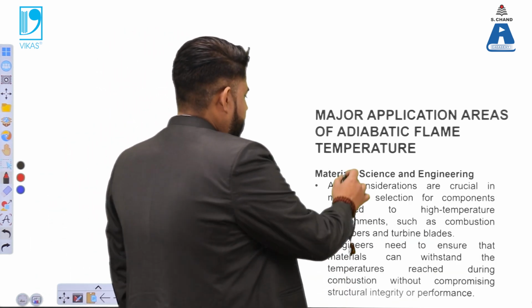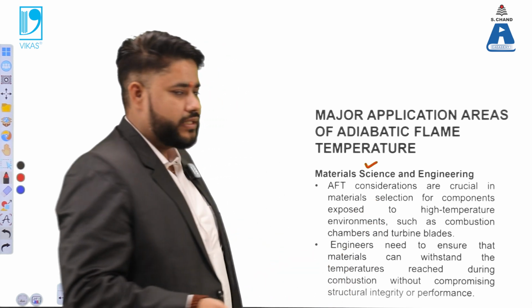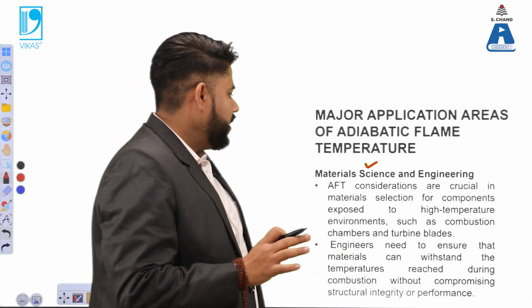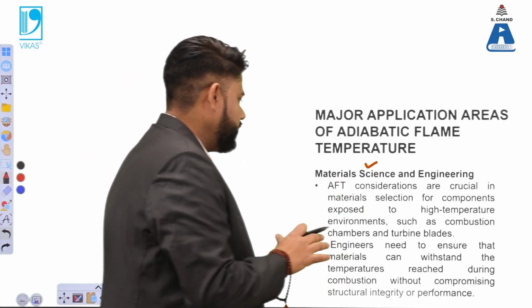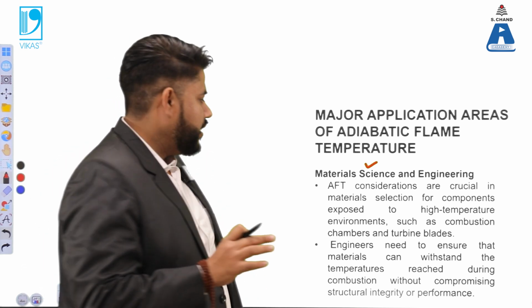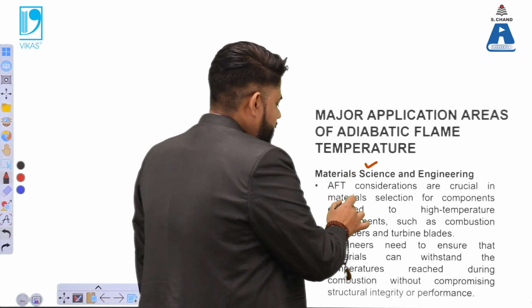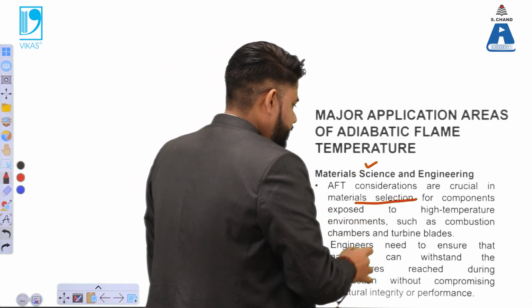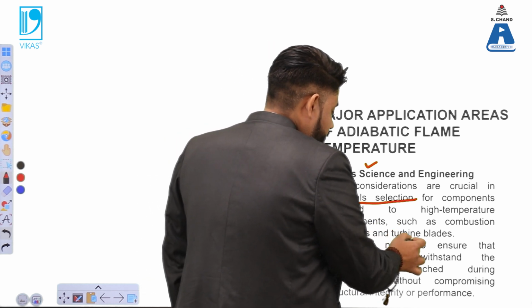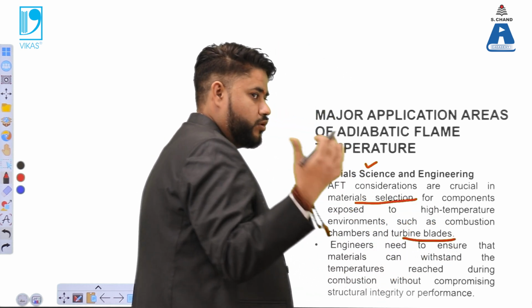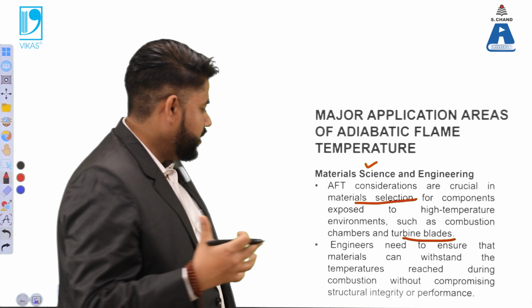Then in case of material sciences, many critical components are basically relying on the material selection aspect, such as the combustion chamber or the turbine blades, which are in close contact with those high temperature values.